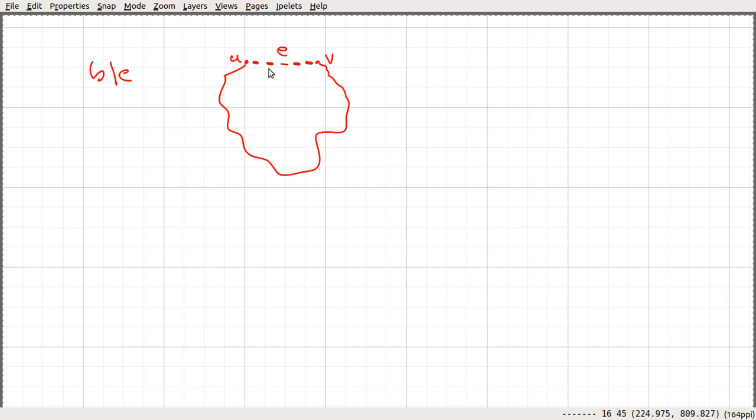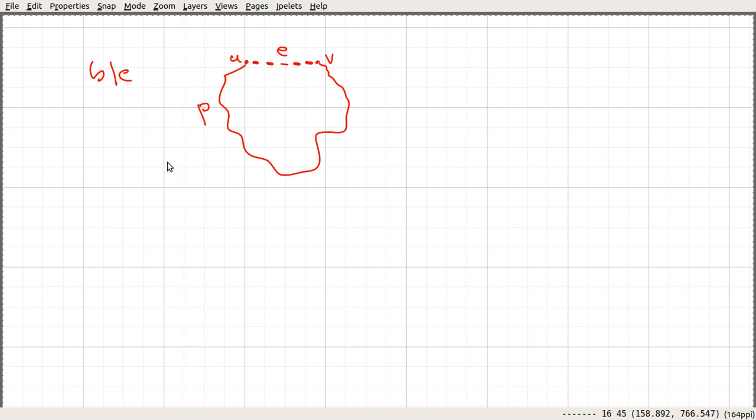So we deleted this from our graph G to obtain G minus E, and since E is not a cut edge, there will be a UV path, and we call this path P.